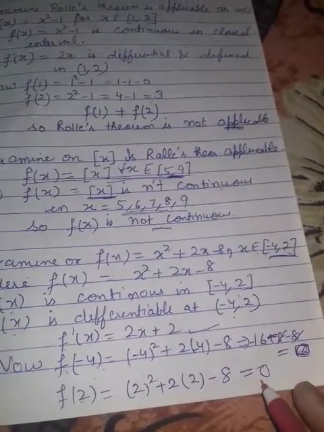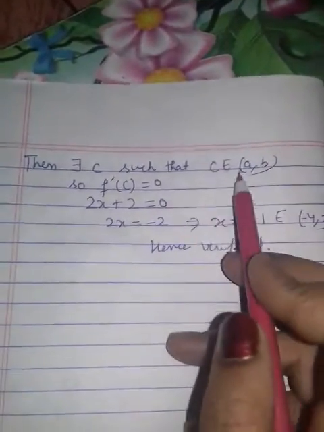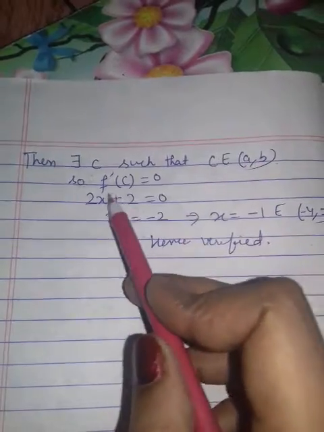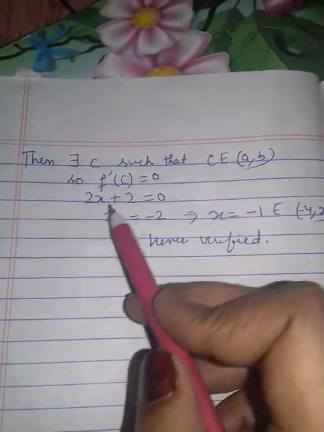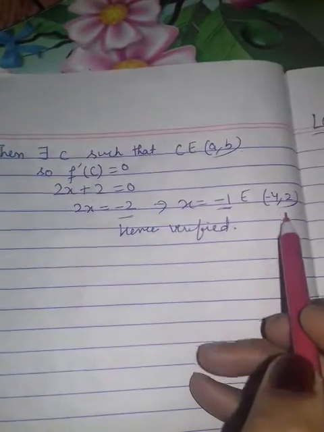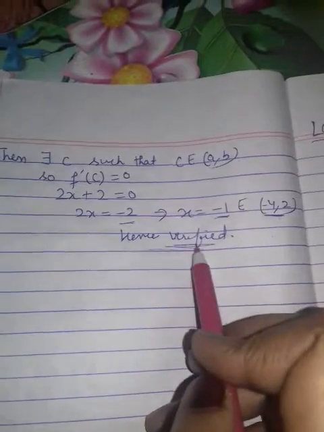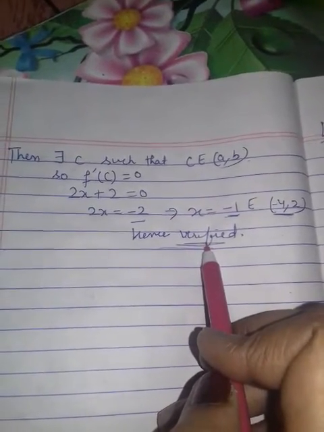Both are 0. So after that you will write what? There exists c such that c belongs to a b. F dash c equal to 0. So I put, and what are you getting? x as -1. Is it lying in your given interval? Of course. So verified.